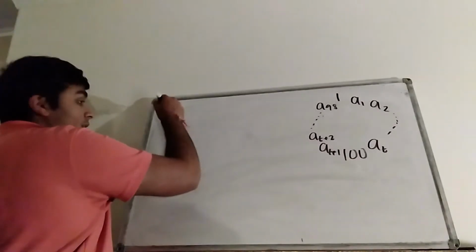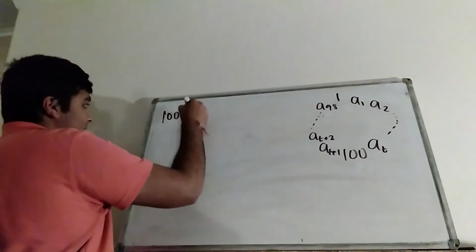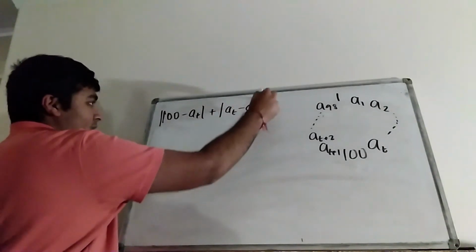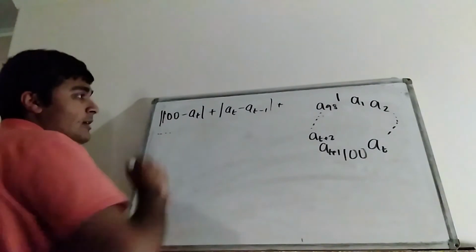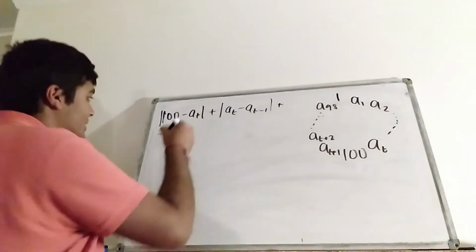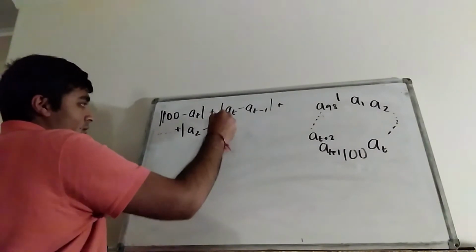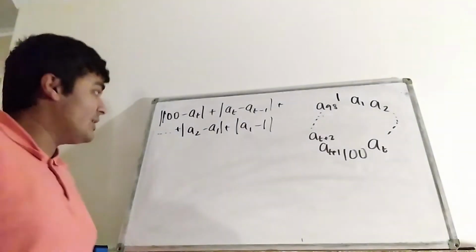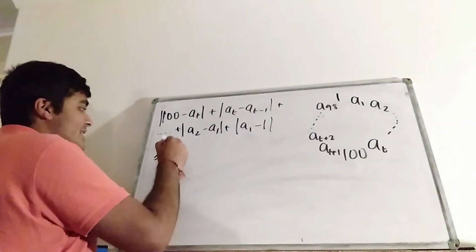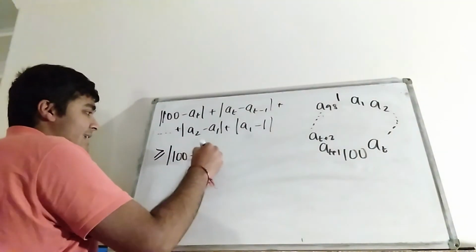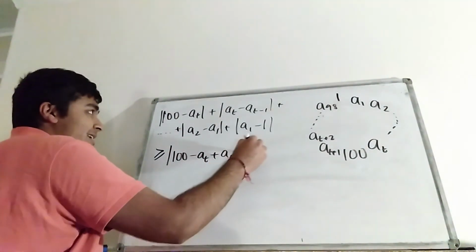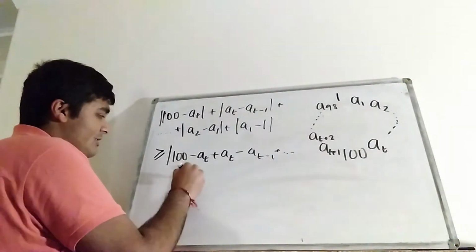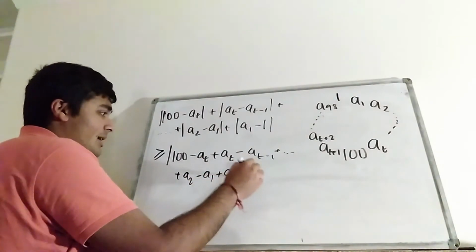That's going to be equal to |100 − AT| + |AT − AT−1| + and so on, all around to the distances here, |A2 − A1| + |A1 − 1|. Now, by the triangle inequality, this is going to be greater than or equal to (100 − AT) + (AT − AT−1) + ... all the way up to (A2 − A1) + (A1 − 1).